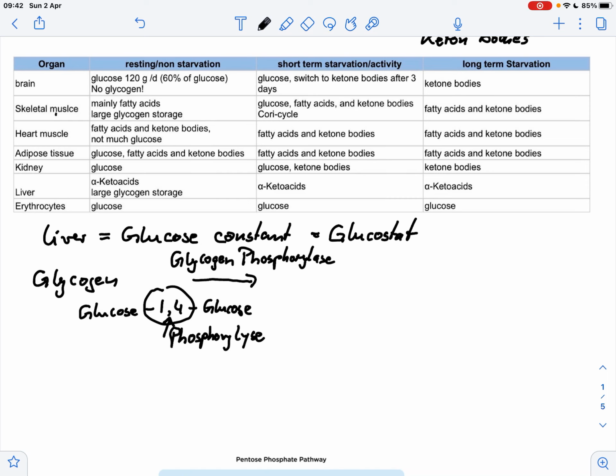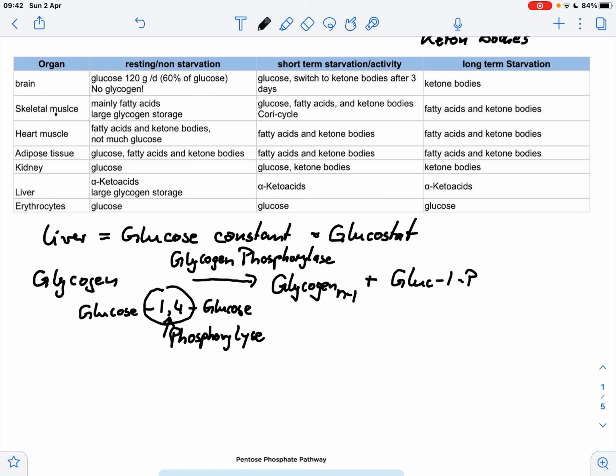So the glycogen will be shortened by one glucose molecule, and I write this as glycogen n-1. So we chop off one glucose molecule and we add the phosphate group through this phosphorolysis, and we get glucose 1-phosphate.